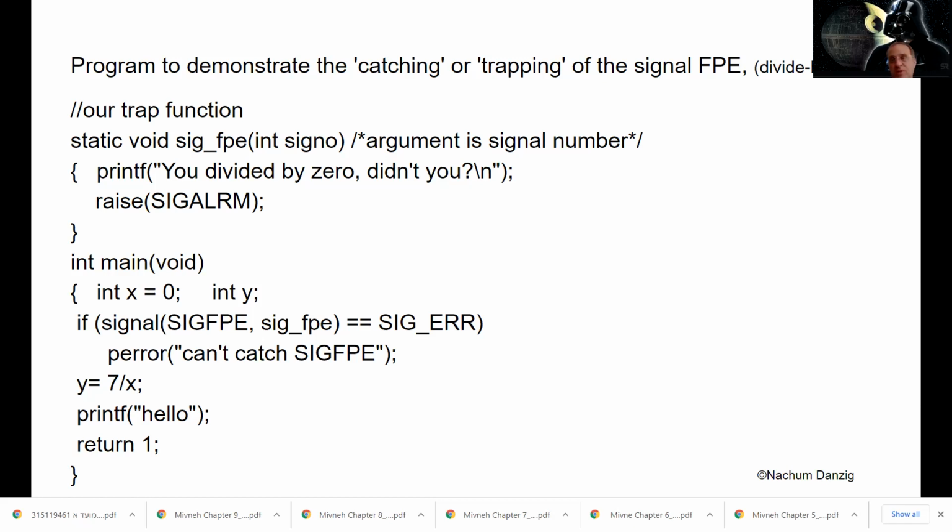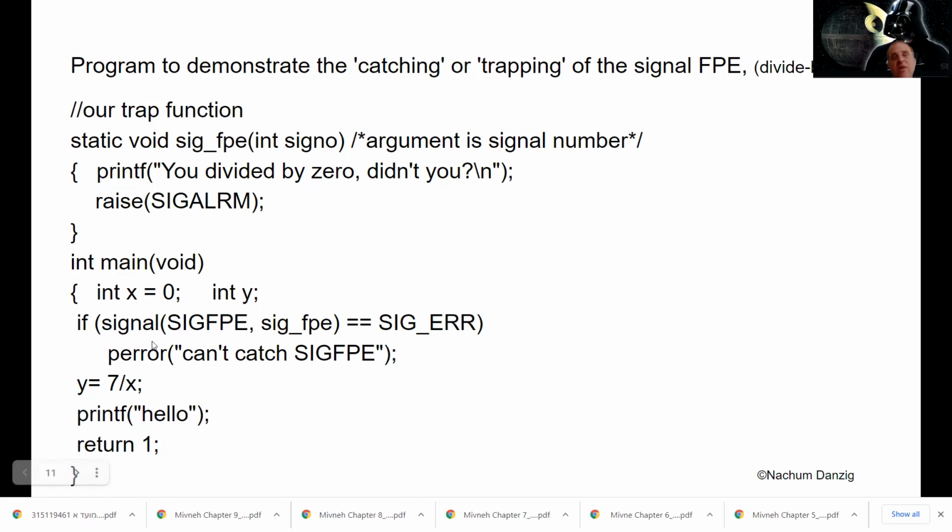That will cause an exception and will send the SIGFPE signal to my process. Divide by 0 is a floating point exception. So this hello should not get printed, because the signal will get sent.